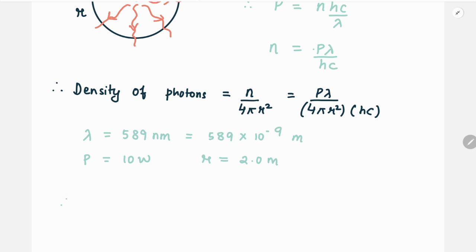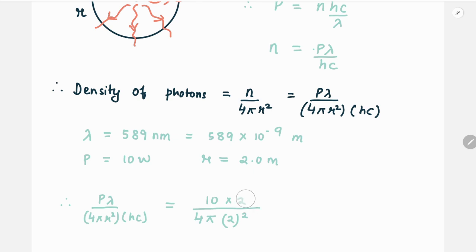So the number density, which we calculate as p lambda upon 4 pi r square hc, can be written as 10 times 2 upon 4 pi, r square is again 2 square, and then hc.